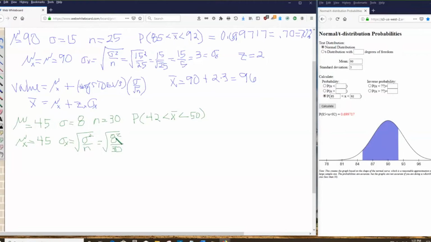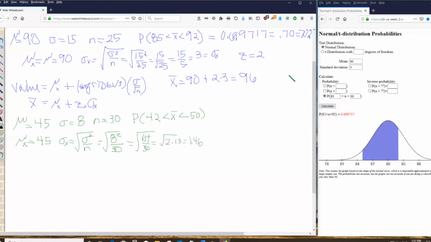So this would be an example of when you'd want to take the square, divide it, and then take the square root. So this is going to be 64 divided by 30, which is going to be the square root of 2.13, which gives me 1.46.